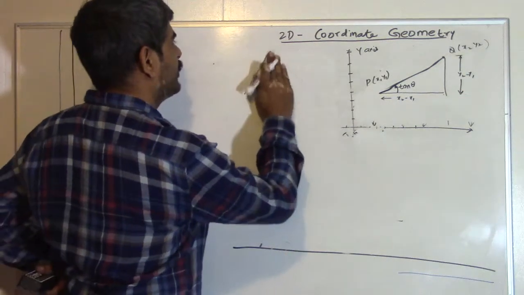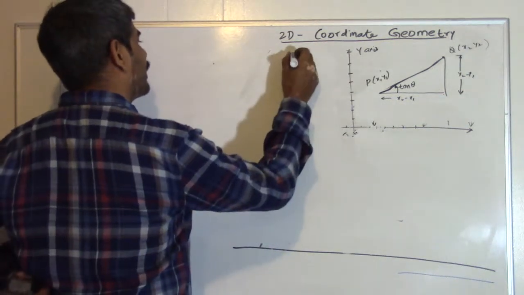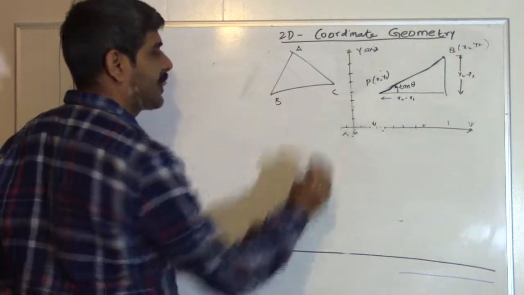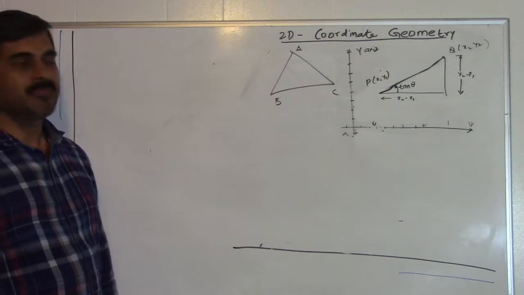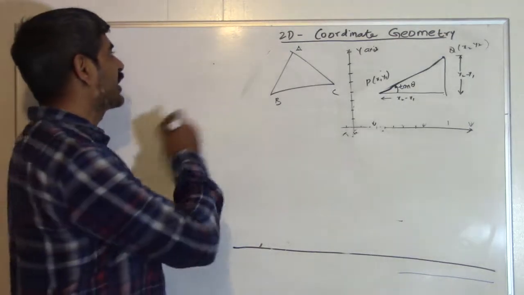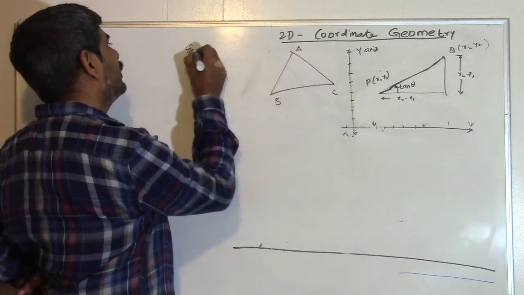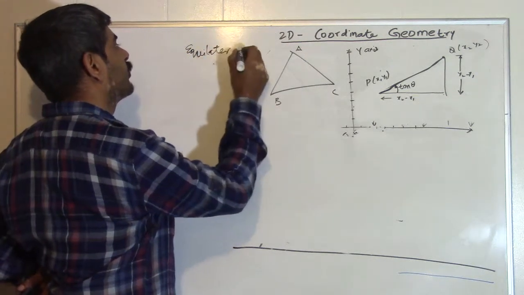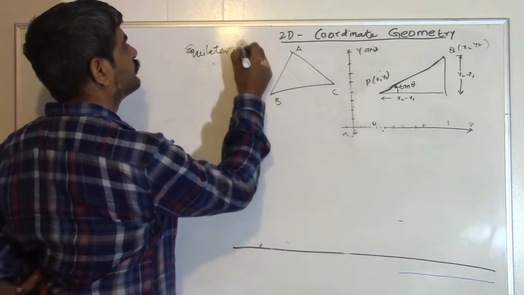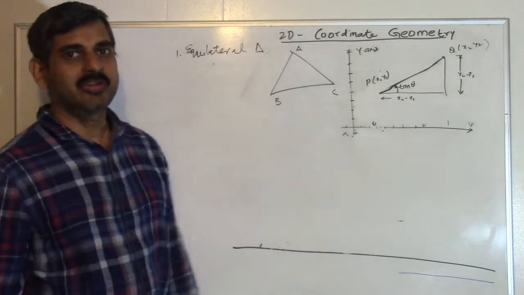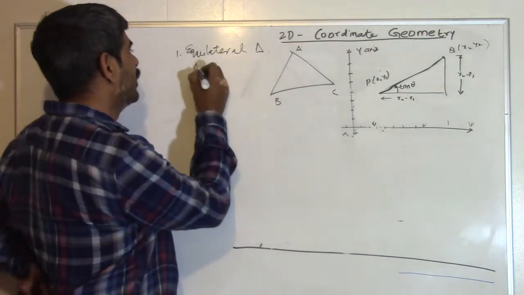If we are given 3 points, then it becomes a triangle, A, B, C. And from this triangle, we may have questions about whether this triangle is equilateral. If the triangle is equilateral, then all of its 3 sides are equal.